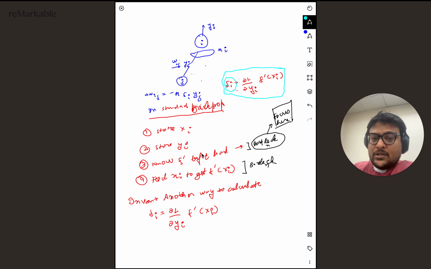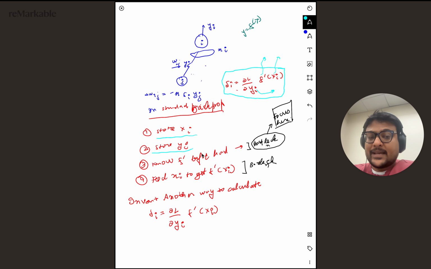So basically what you do in standard backpropagation: you can see that this expression depends on xi, it depends on f dash, and it depends on yi. So backpropagation assumes that, okay, let's store xi in memory, let's store yi in memory, and we know the precise mathematical expression of y equal to f(x).